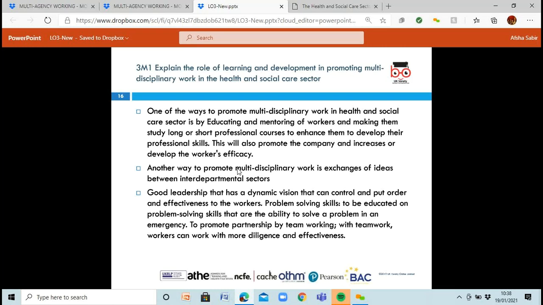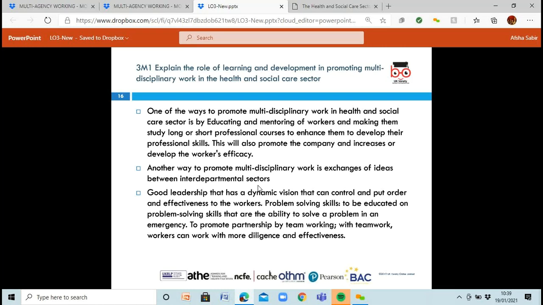So on here, we're going to be looking at the role of learning and development in promoting multidisciplinary work in the health and social care sector. This is quite similar to what we were looking at for CPD, continuous professional development, but it's just about how you learn and develop within the workplace on a day-to-day basis. The best way to promote MDTs, multidisciplinary teams, is to be educated and mentored by the workers.